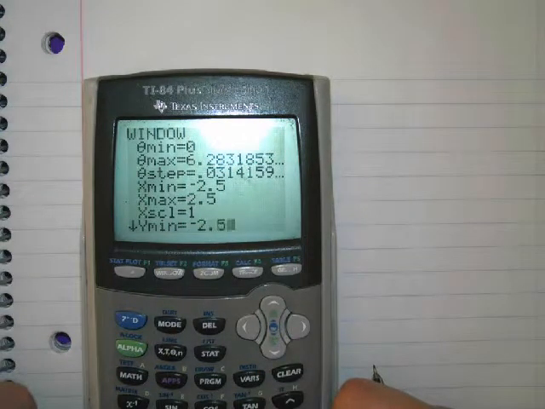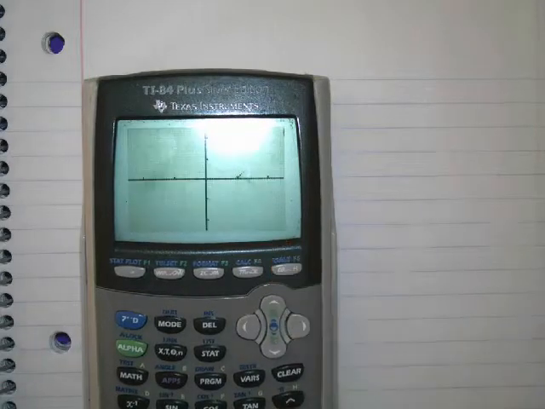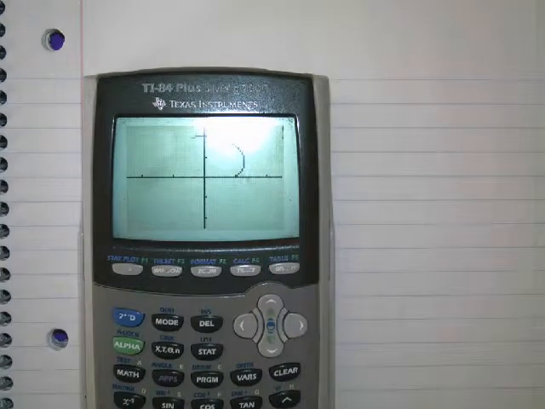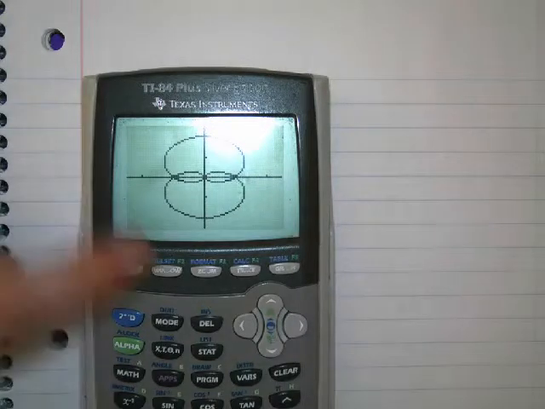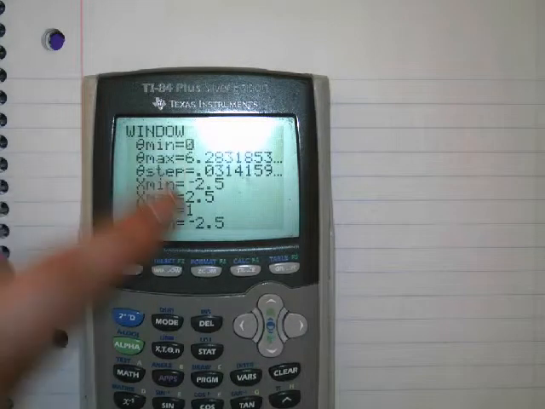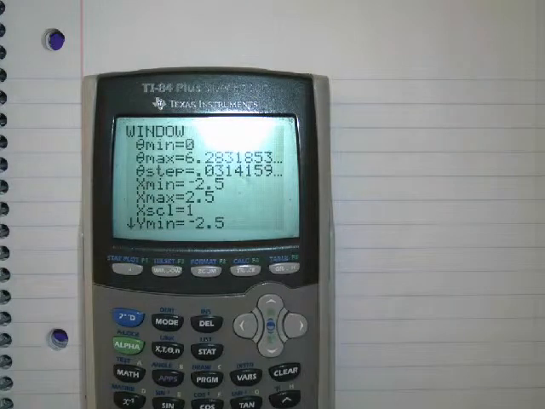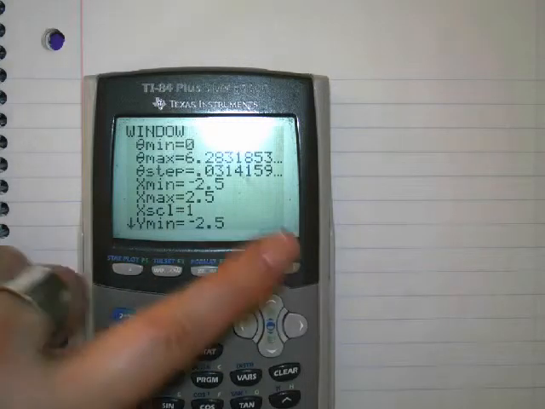I like it when it fits the graph more. I always end up squinting. I can't see it. It's so small. See, there's a little butt. So I did 0 to 2 pi, and then for my x and my y, I did negative 2.5 to 2.5. Or you could probably even do negative 2 to 2.